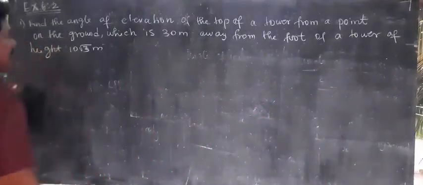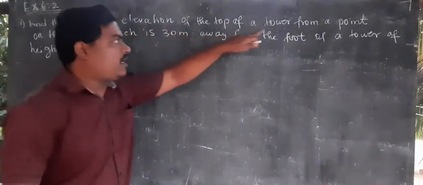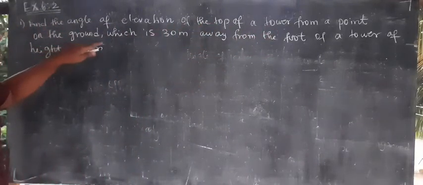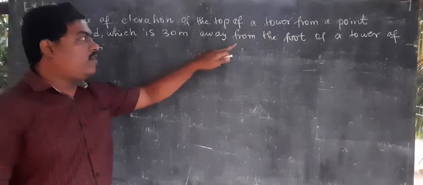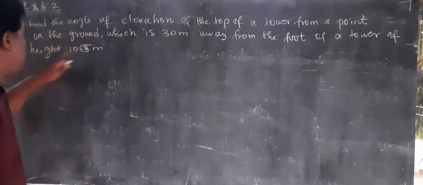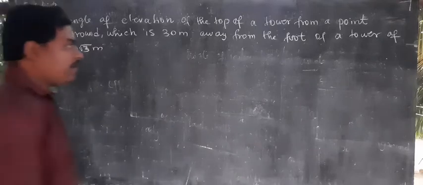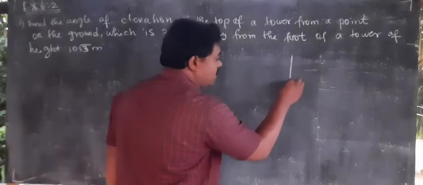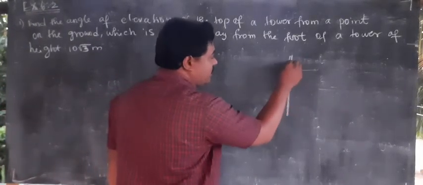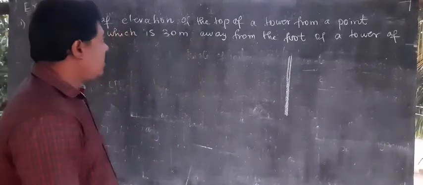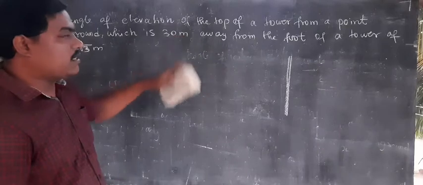Here, given: find the angle of elevation of the top of the tower from the point on the ground which is 30 meter away from the foot of the tower. Height is 10 root 3 meter. What they are saying is one tower is there. Angle of elevation they are asking.